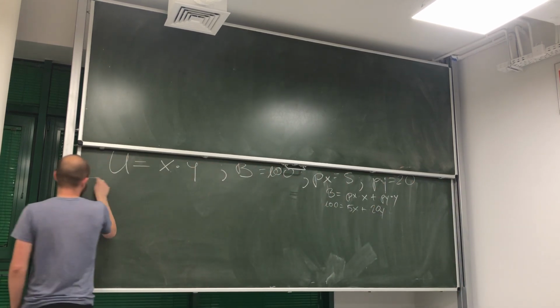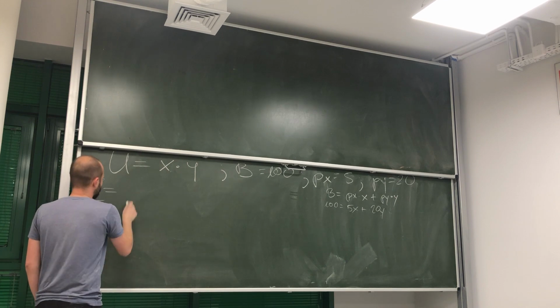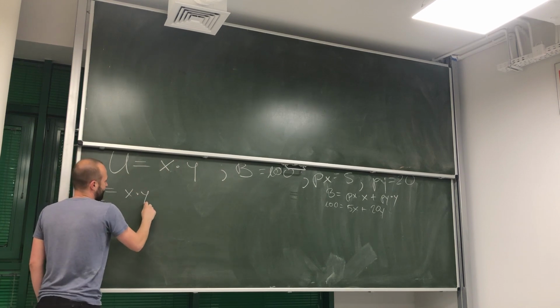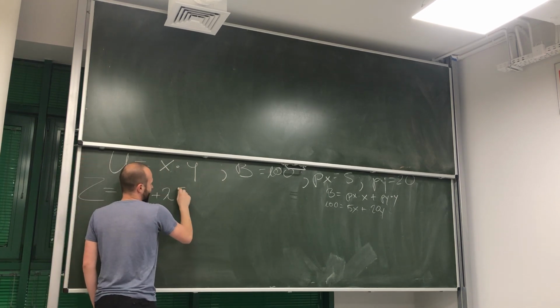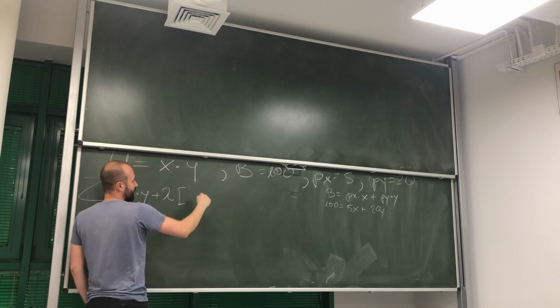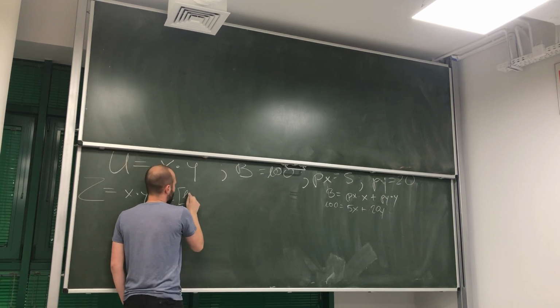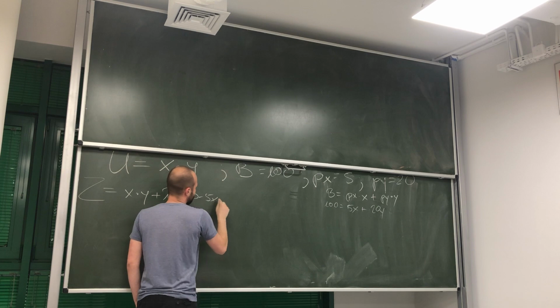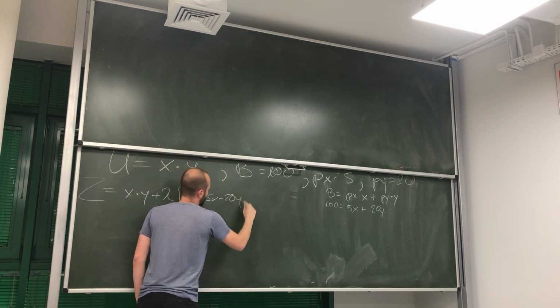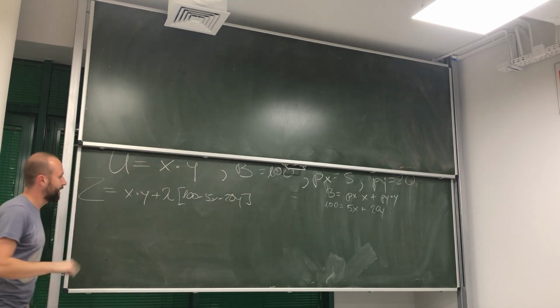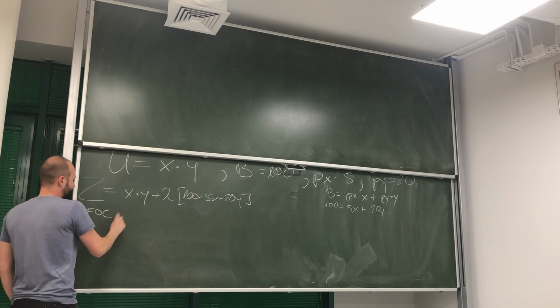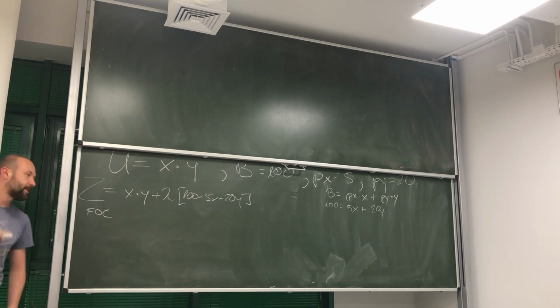The Lagrange function is the same function, x times y, plus lambda times (100 minus 5x minus 20y). Then we move to the first order condition.